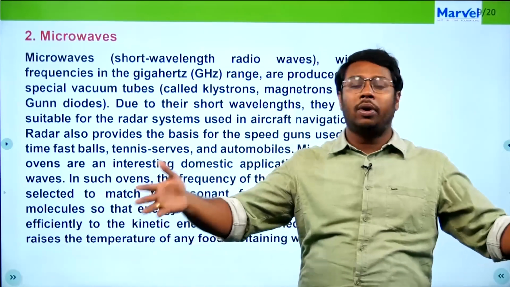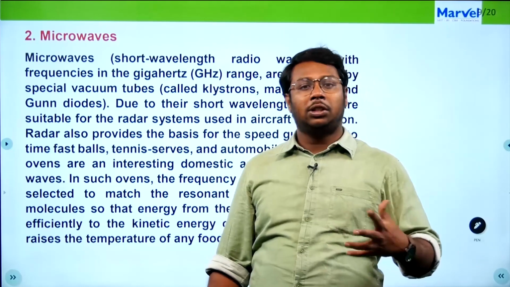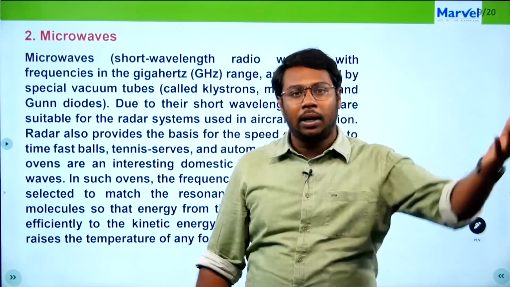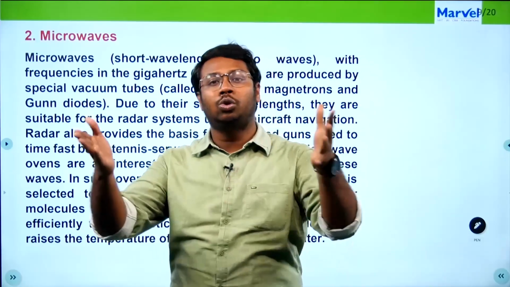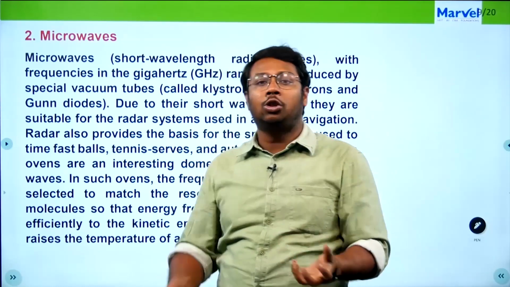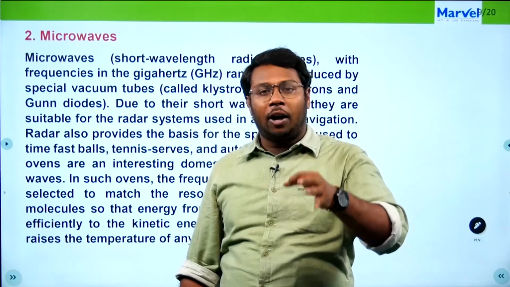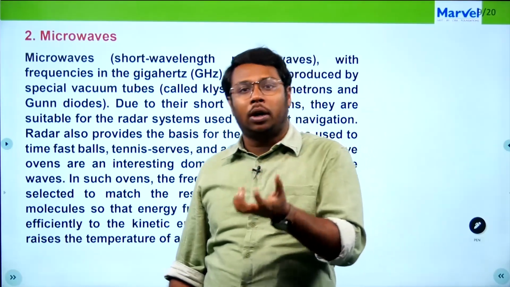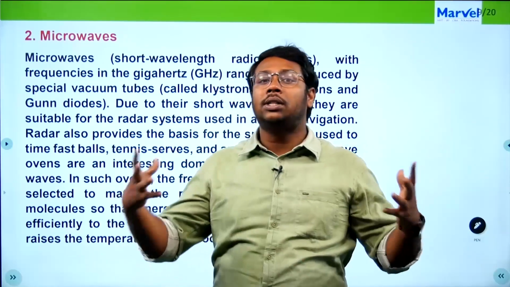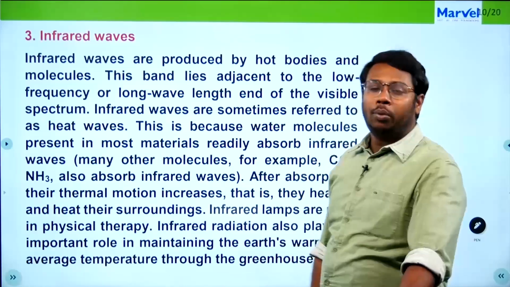The microwave makes them resonate at very high vibrations, so that it produces a huge amount of heat. That heat is utilized to cook the food. Only if a food product has some water content in it can it be cooked using microwaves, otherwise it is not possible. Clear?